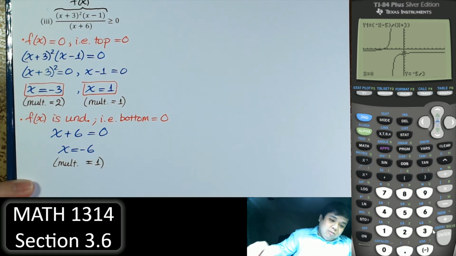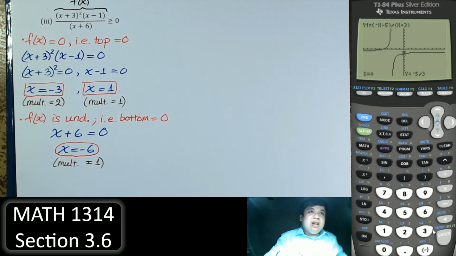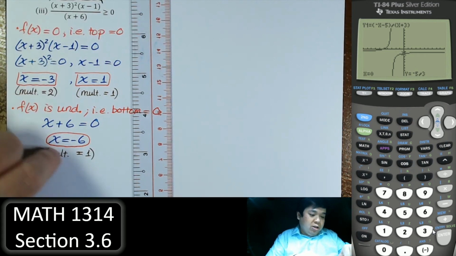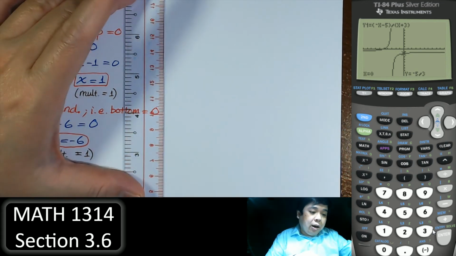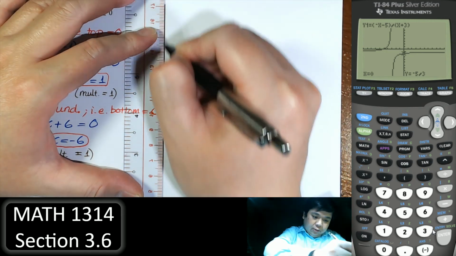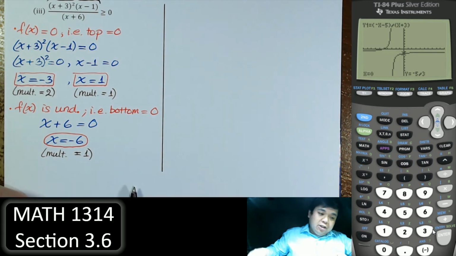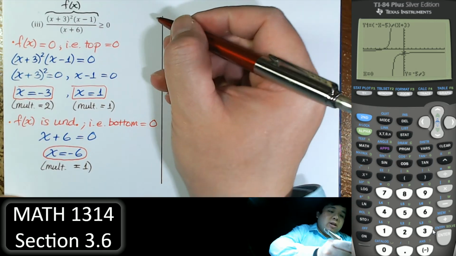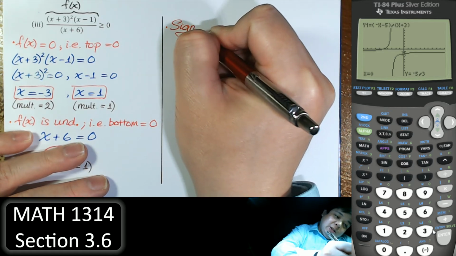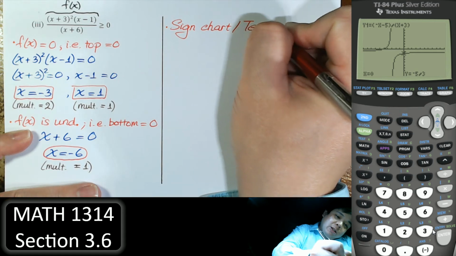This is at the bottom, it's undefined, so I'm going to box that. Is that, use the circle, is that right? And then next, it is the sign chart, or test points.